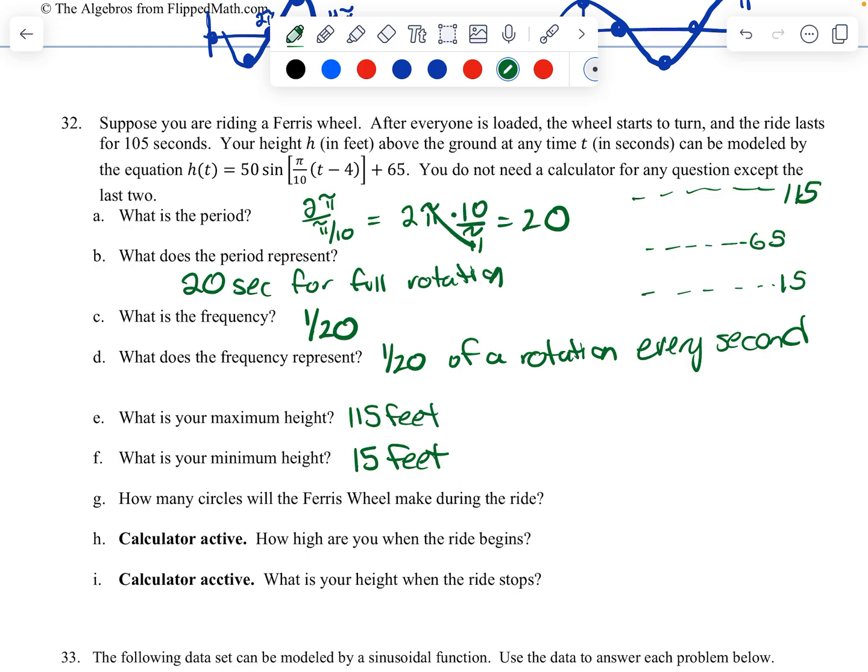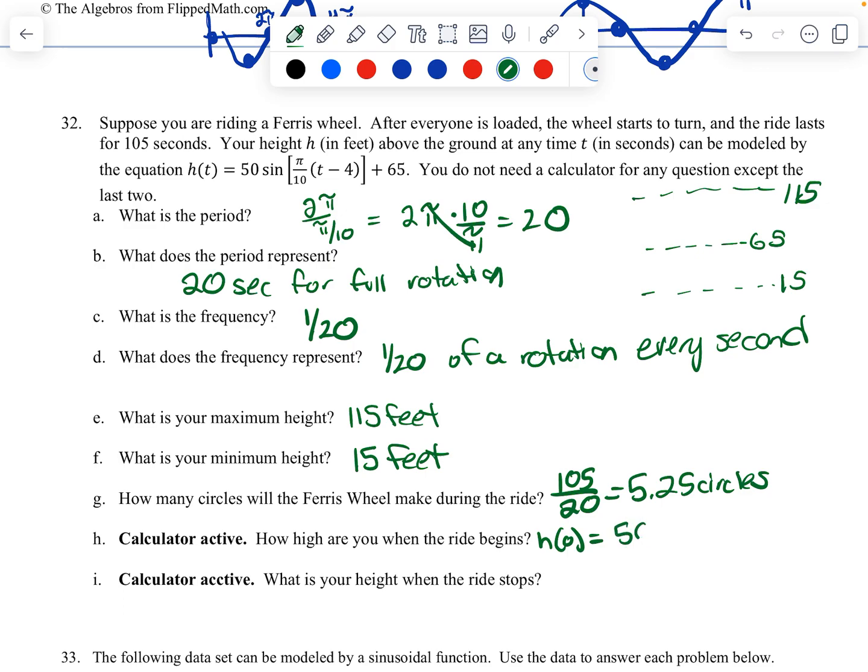How many circles does the Ferris wheel make during a ride? Well, it takes 20 seconds to do one. So 105 divided by 20 is 5.25 circles. So how high are you when the ride begins? So this is like calculating h of 0.